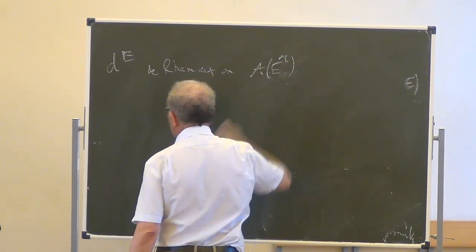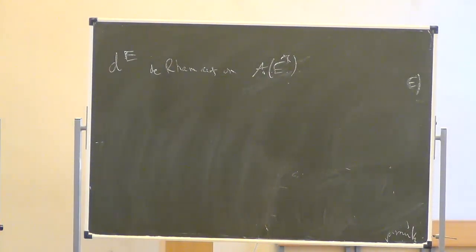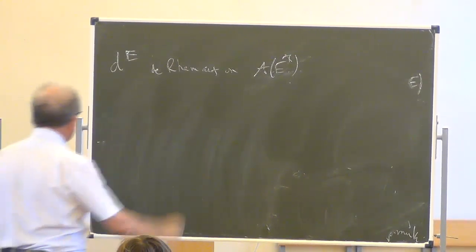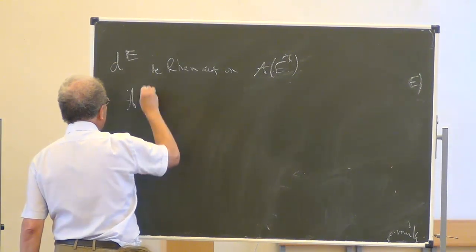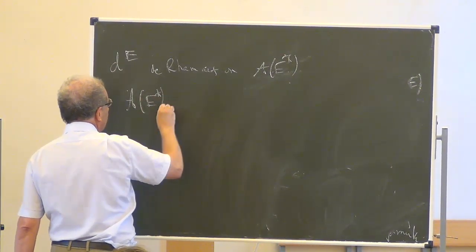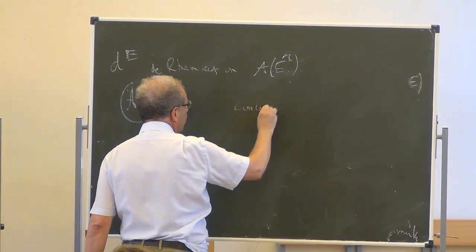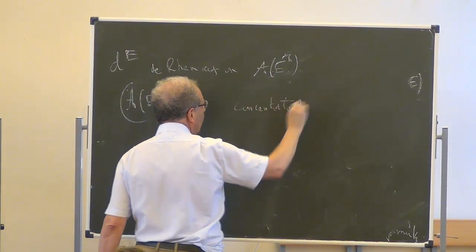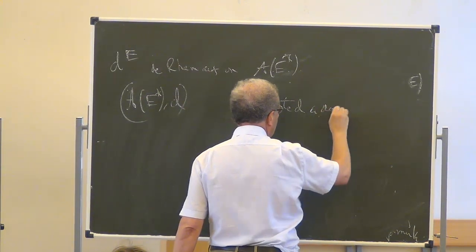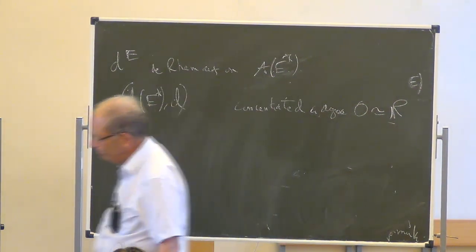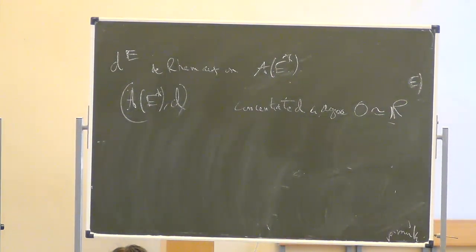Okay, the de Rham operator acts on the polynomial algebra, and it's a basic thing that the cohomology of this complex, A of E star with D, its cohomology is concentrated in degree 0 and is just canonically R. So A of E star gives you a resolution of the one-dimensional line.